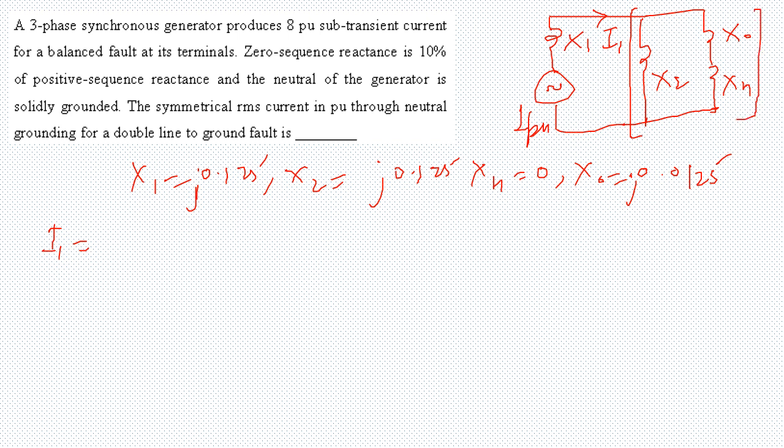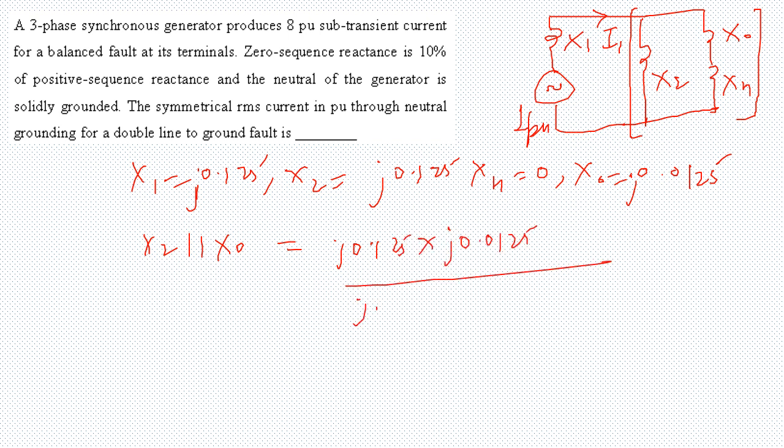X2 will be in parallel with X0, which is j 0.125 into j 0.0125 over j 0.125 plus j 0.0125.